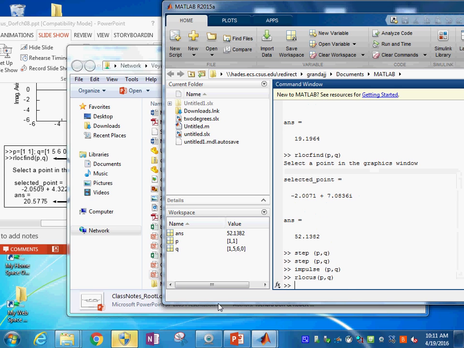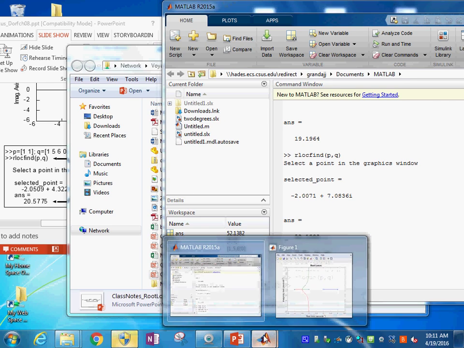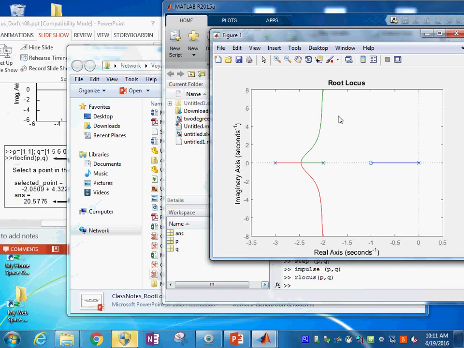If you have this, with the cursor you could do it, but you could find it just if you click on any point. The computer is going to give you all this information. See, damping, overshoot.